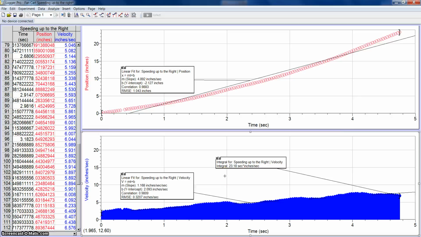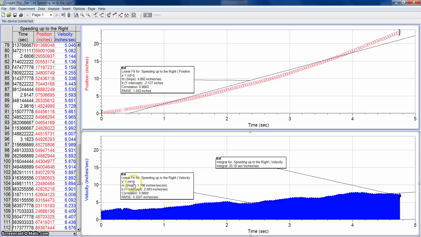For our velocity time graph here, I took the linear fit for this, although we did want a linear line. The world isn't perfect, and we got this, which is very close, I think, to a linear line. From this linear fit, we got an equation of v equals mt plus b, which is a velocity at any time in this interval, equal to our slope times our time plus our v naught.